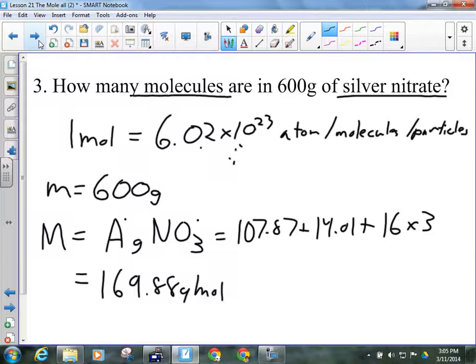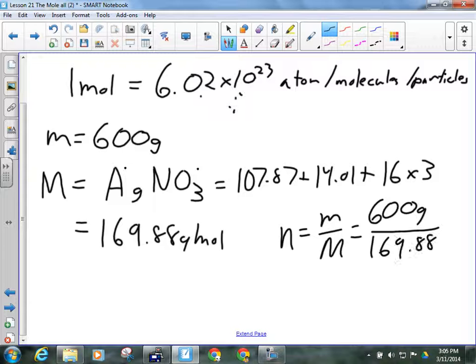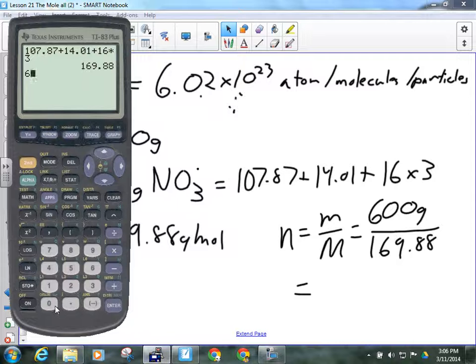So I have big M and I have little m. Can I find n? Yeah. So I use the mole equation here. n equals little m over big M, and I just plug in my numbers. 600, not times, divided by 169.88.